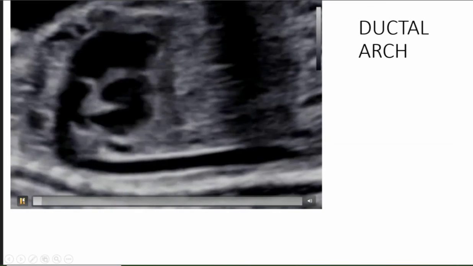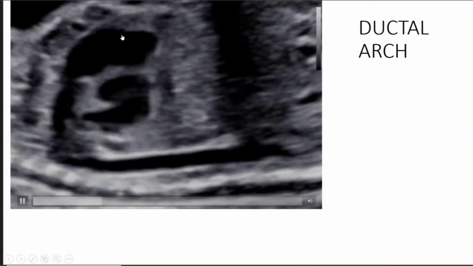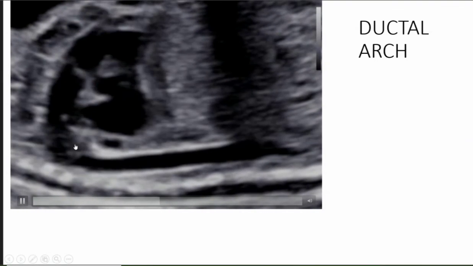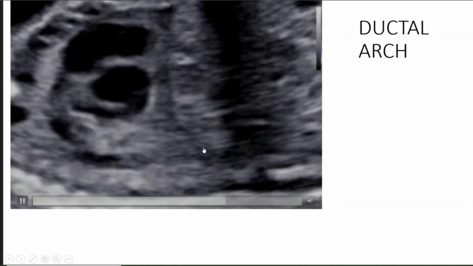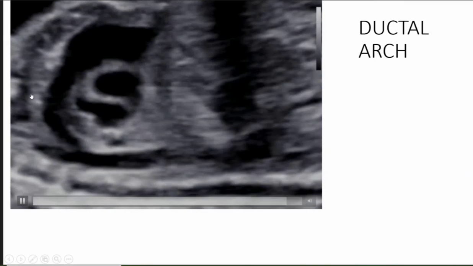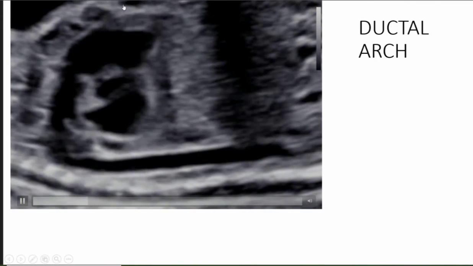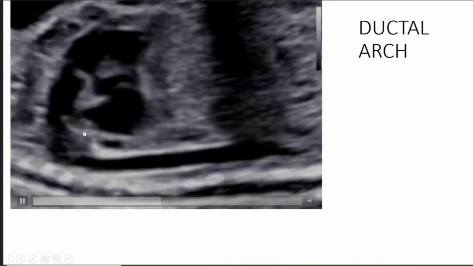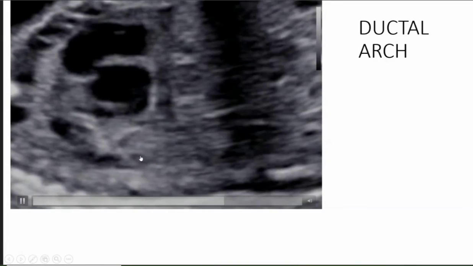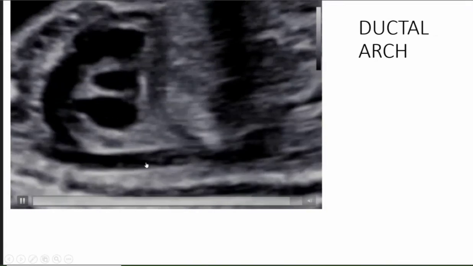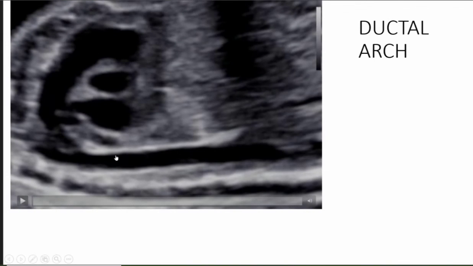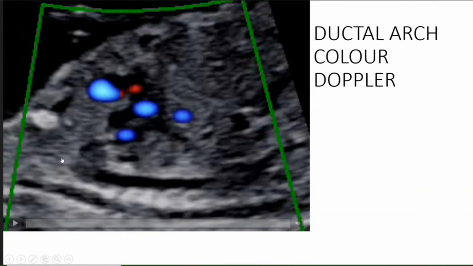Now I have the ductal arch view. The ductal arch starts anteriorly, takes a wide course, goes posteriorly, and continues as descending aorta. There are no great branches, and the arch starts from behind the sternum, and it resembles a hockey stick. So anterior to posterior is the ductal arch view.